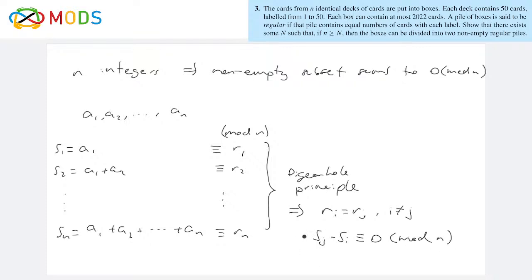And so this is just equal to a(i+1) plus dot dot dot plus up to aj. So this is the subset that you can take to be 0 mod n.